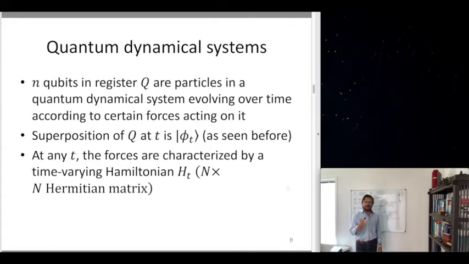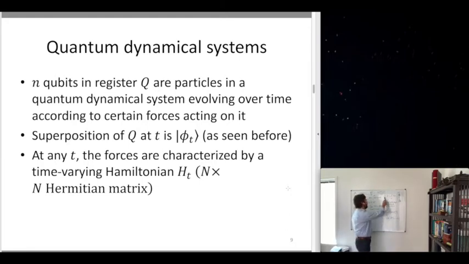At any T, the forces are characterized by a time-varying Hamiltonian. So remember the Schrödinger equation, which says the Hamiltonian applied to a system equals the energy of the system, and this is your scalar, so this is an eigenvalue problem.